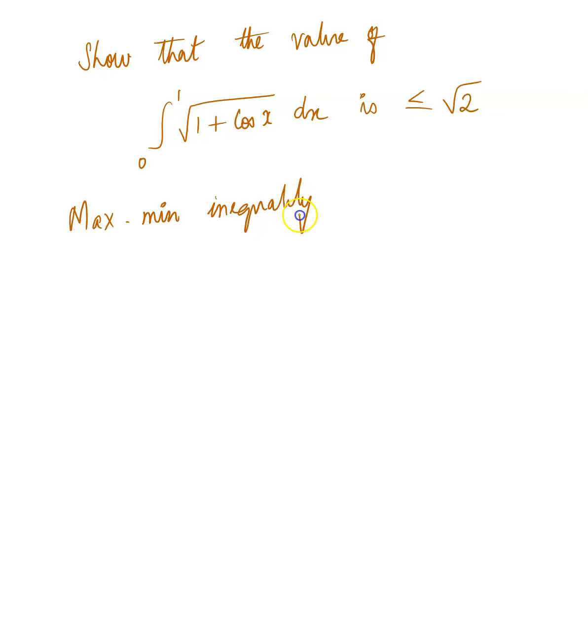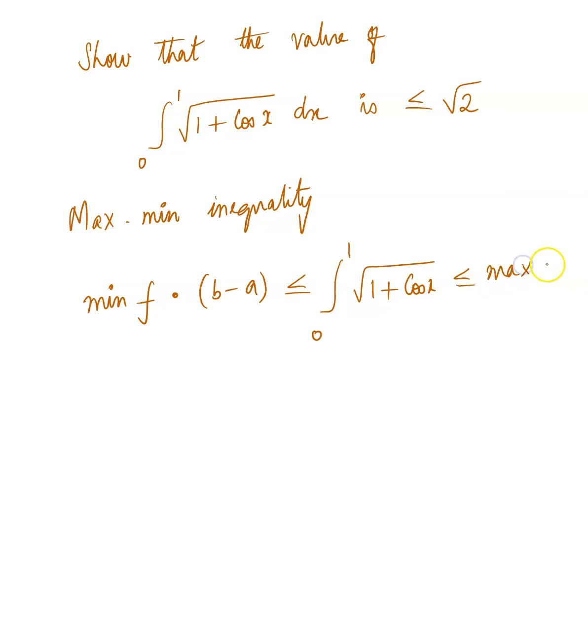The rule says minimum of f times b minus a, where b and a are these endpoints, is less than or equal to this given integral, which is less than or equal to the maximum of f times b minus a. But we are actually interested in just the right side of the inequality because we need to show that this is less than or equal to square root of 2.